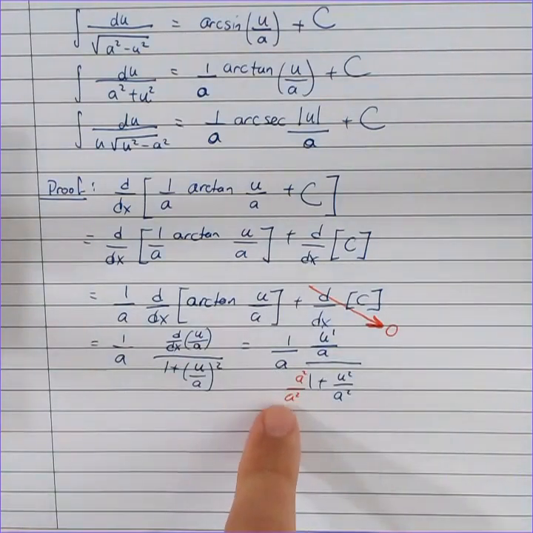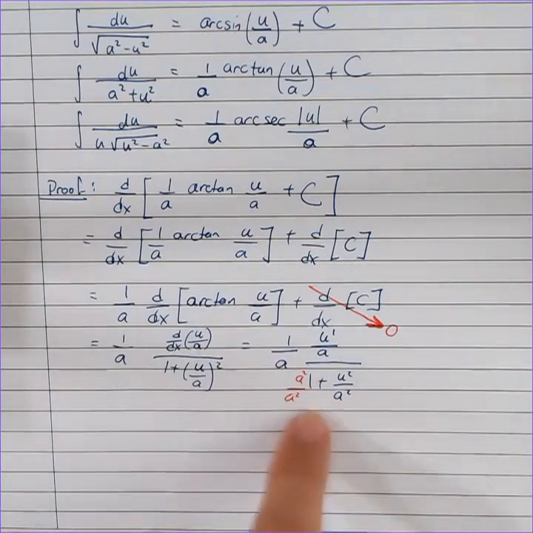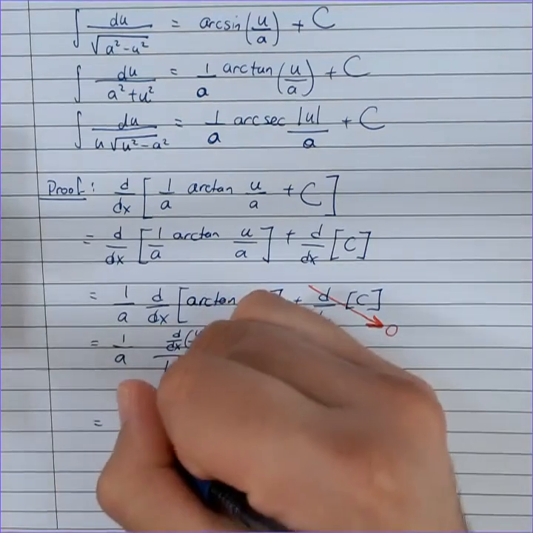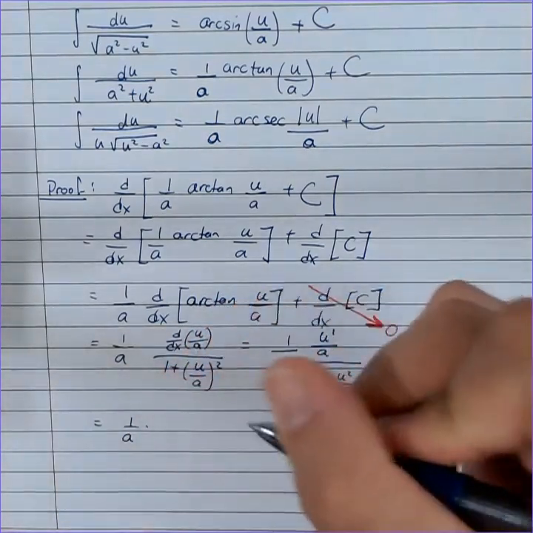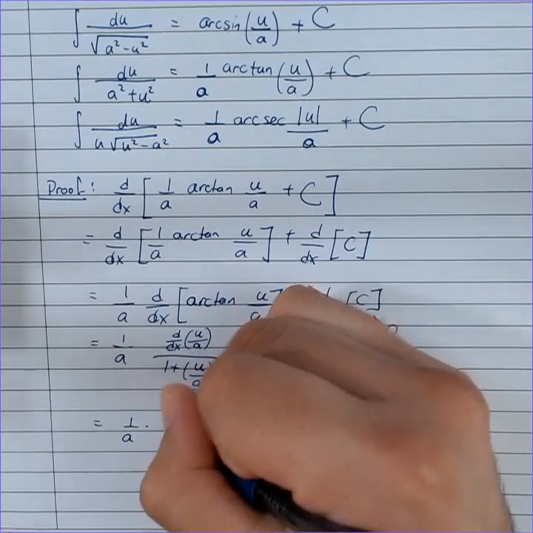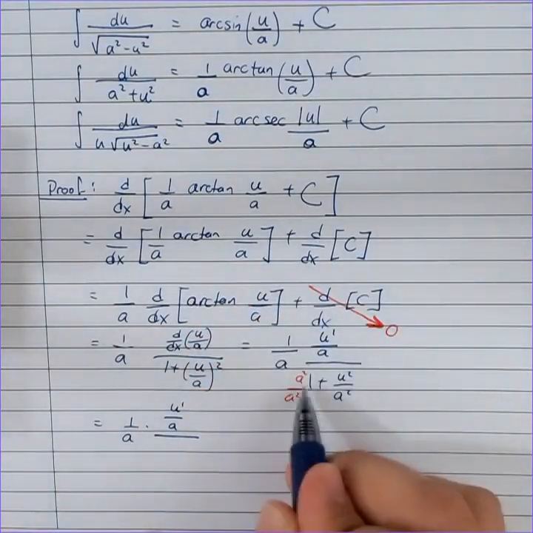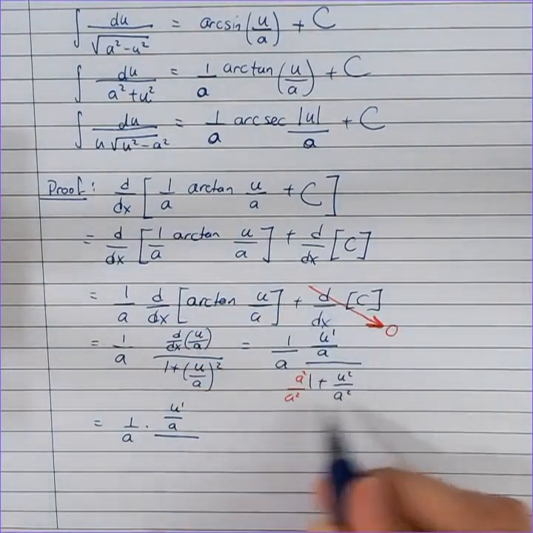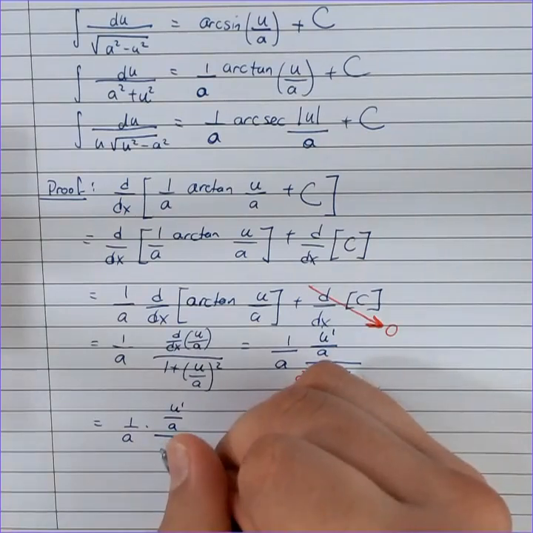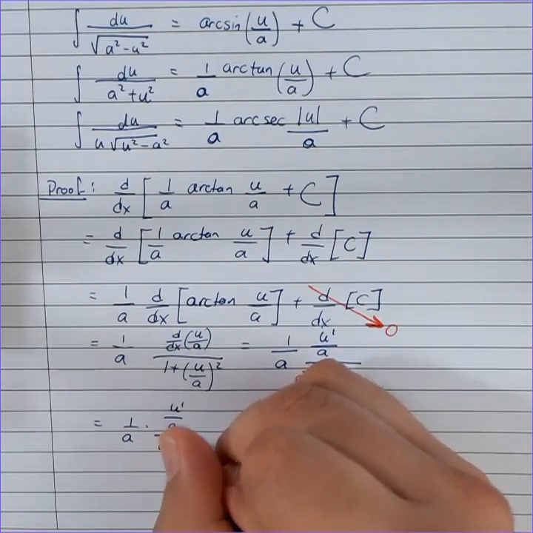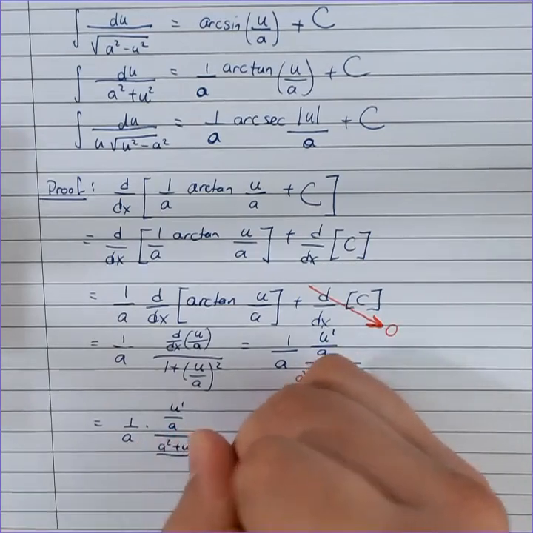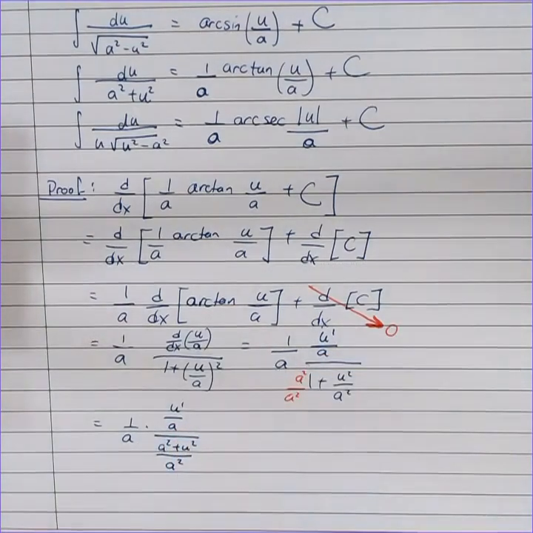Instead of writing this as 1, I can write that as a squared over a squared. And now since they have a common denominator, I can add them. So this is going to be 1 over a times u prime over a over a squared plus u squared over a squared.